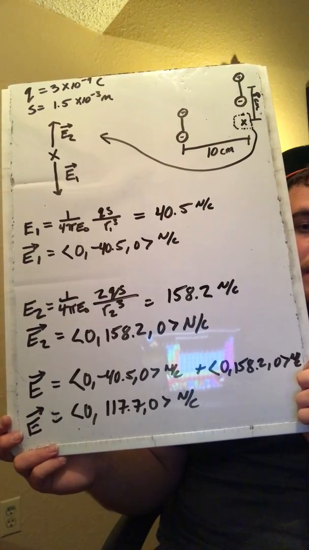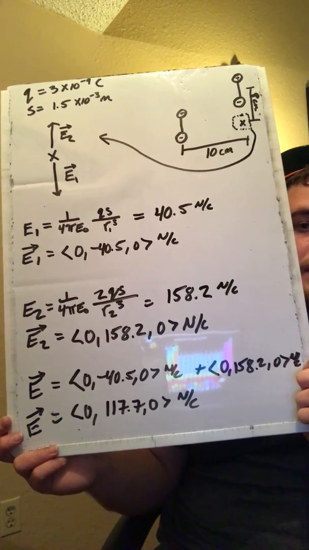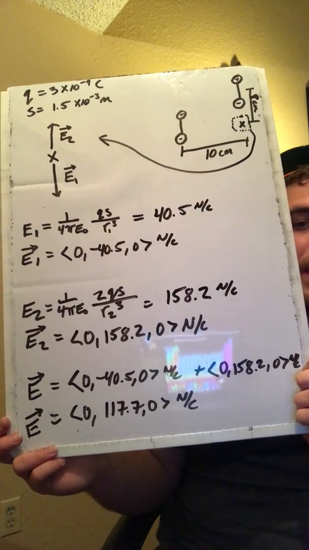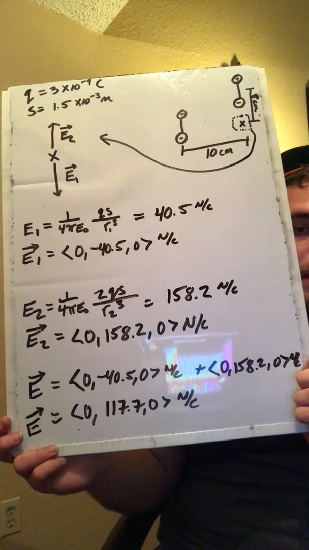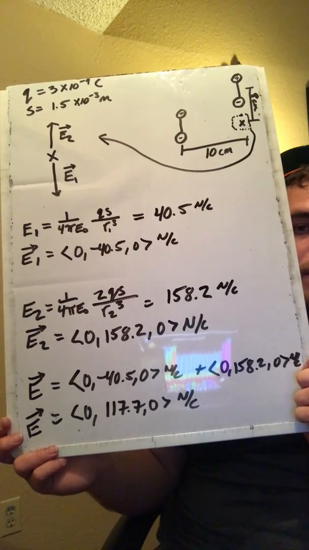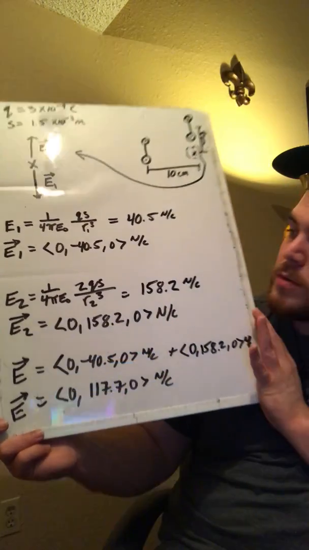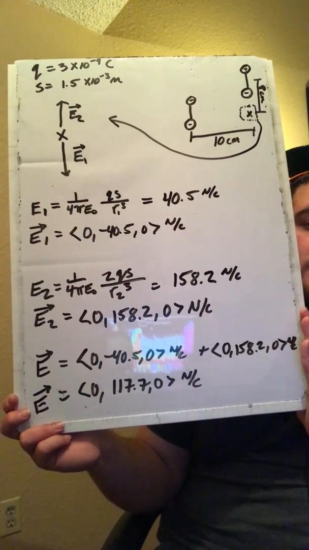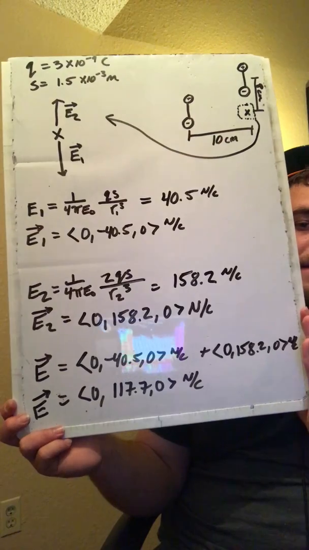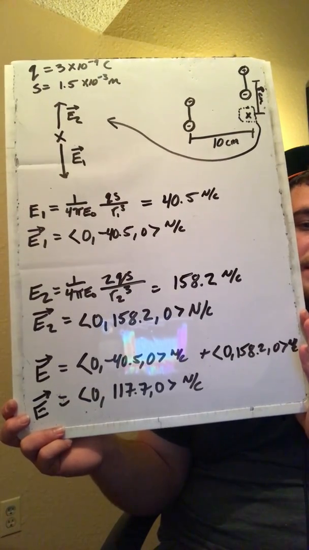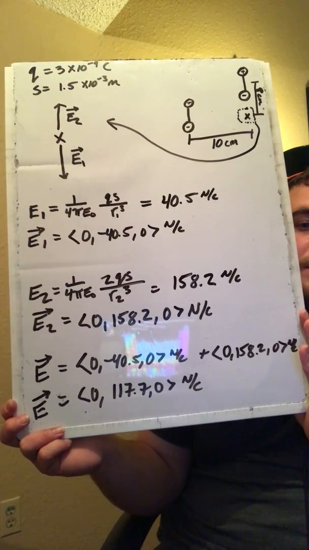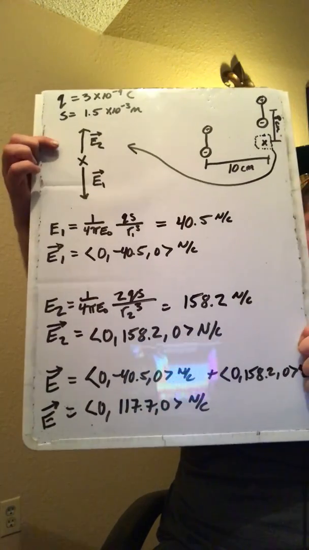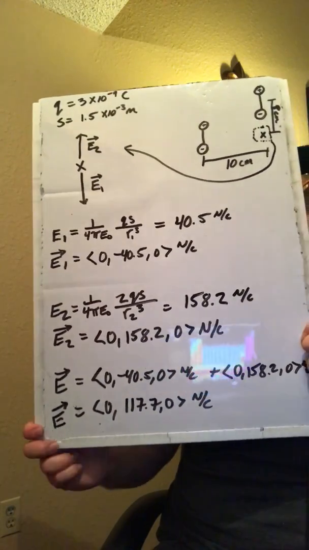Given that r is 0.8 meters, that gives us an answer of 158.2 newtons per coulomb. That gives us a vector of 0, positive 158.2, 0 newtons per coulomb, again because it's positive because you have an upwards pull.